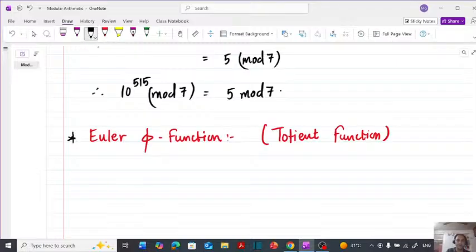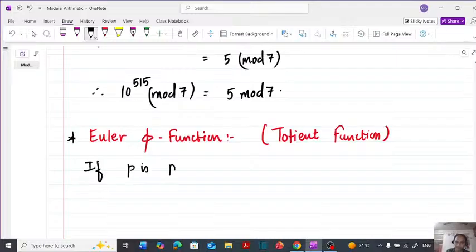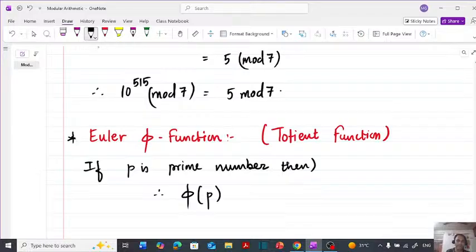It says if p is a prime number, then phi of p is p minus 1. Okay, this is what it gives you. This is what the Euler phi function helps you with.